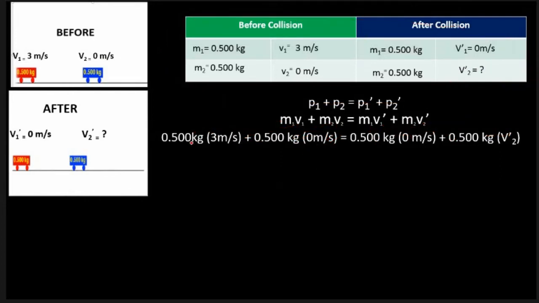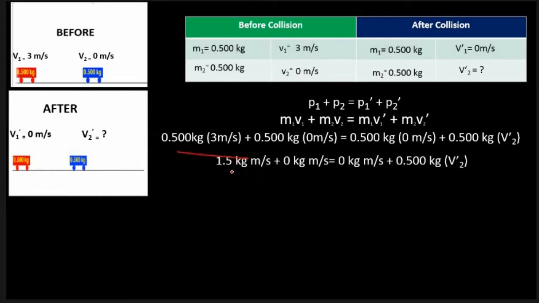Then we have 0.500 kilogram times 3 meters per second, and the result would be this. Then you multiply by 0, and a number multiplied by 0 is 0. Same thing with this one. You simply copy and simplify, so cancel, because it's 0.